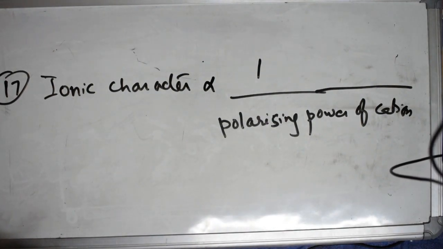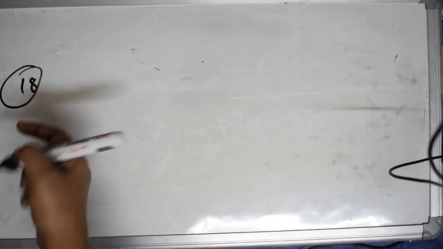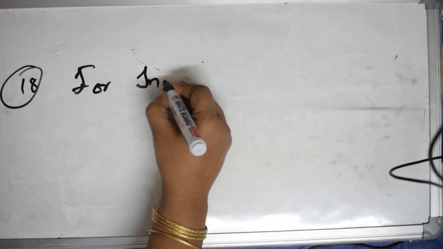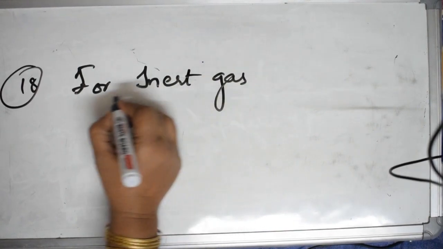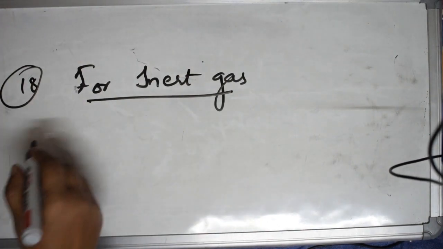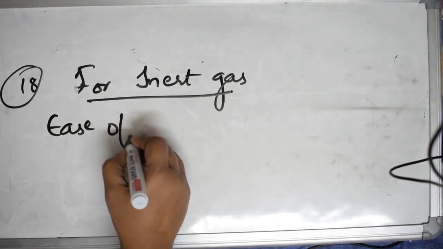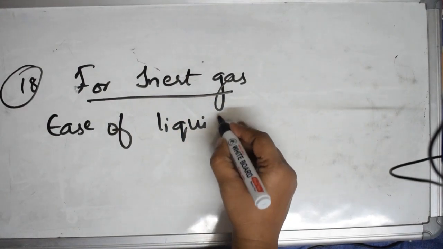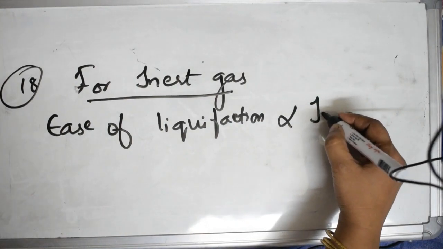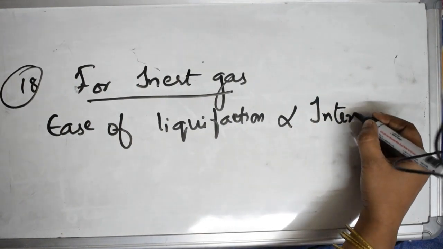Now suppose I have to take the ease of liquefaction in terms of inert gas elements. Now I'm going to do the 18th trick for you, for inert gases, right? In any inert gas question given to you, you can take this. If they ask you the ease of liquefaction of the following, remember one trick: ease of liquefaction is always directly related to intermolecular bonding.